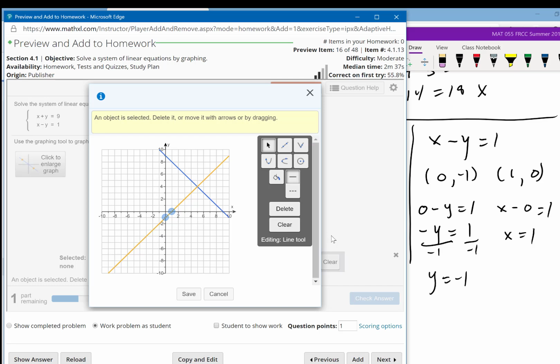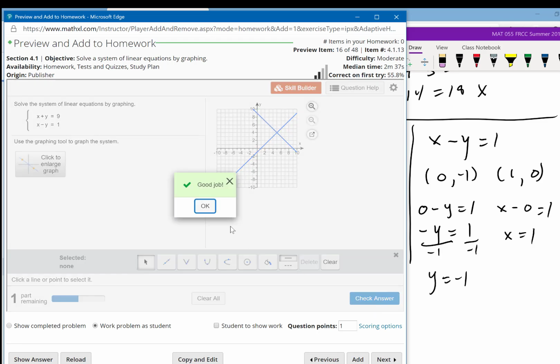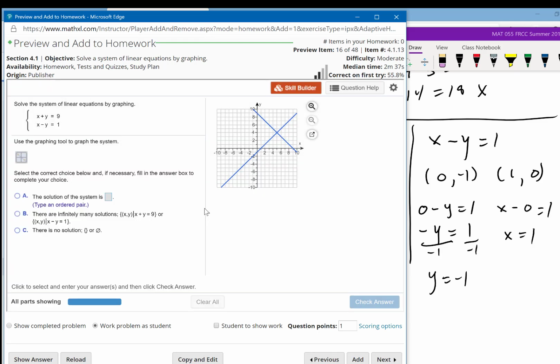So notice here we have the two lines, and we have that these two lines intersect right there. So that's going to be our next goal. So let's go ahead, when you do the pop out, click to save. Okay, so we've got our graph. So we'll just go ahead and check the answer here. All right, so we got it right. Yay us. Okay, so now we got to come over here and identify the solution.